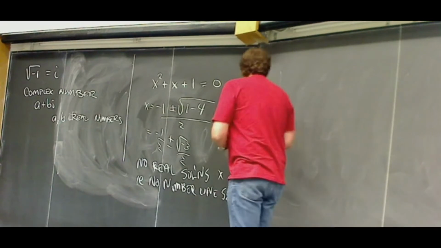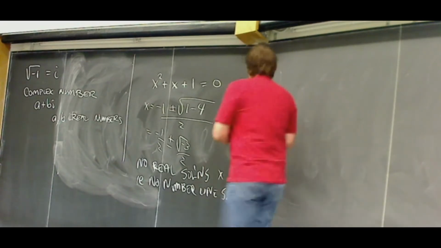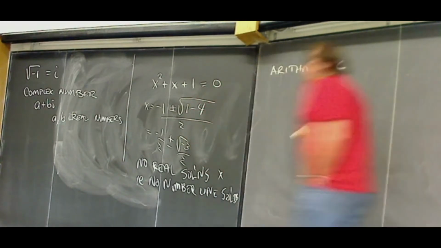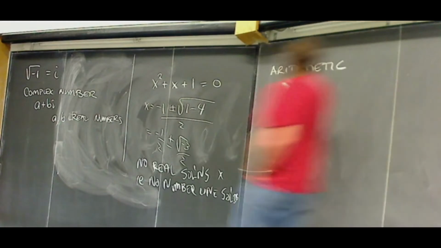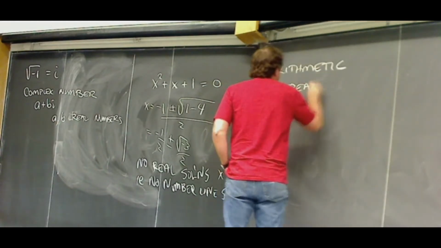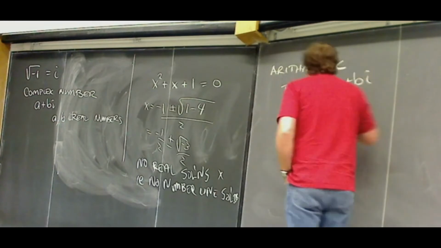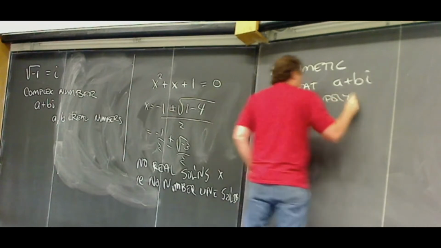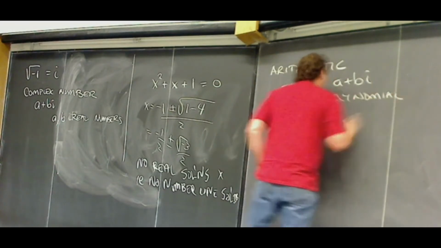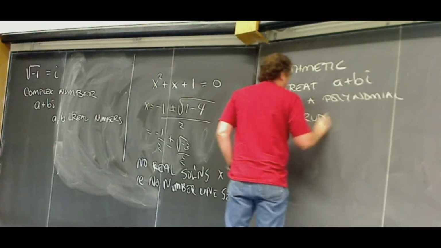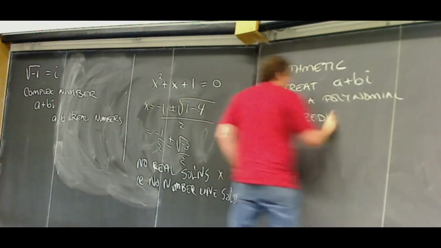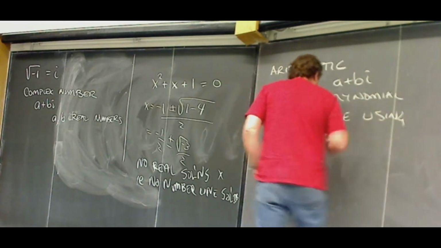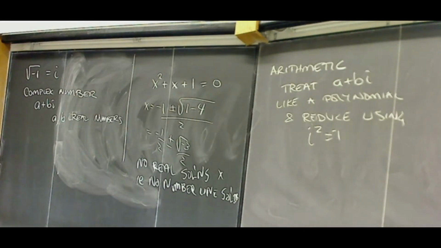And just a brief review from last time. The way that we do arithmetic on these things is we just treat them like a polynomial, and then reduce, using i squared equals -1.